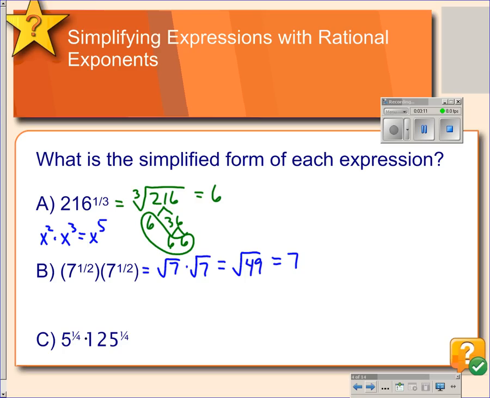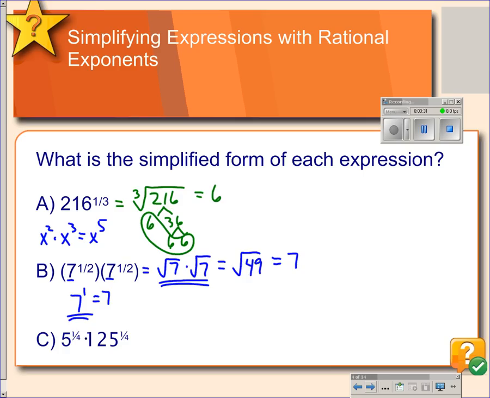We could do the same thing here. Since we have matching bases of 7, we can add 1/2 plus 1/2. That would give us 7 to the 1st power, which is the same thing as 7. So we can either multiply our bases, or we can add our exponents, when they both match.